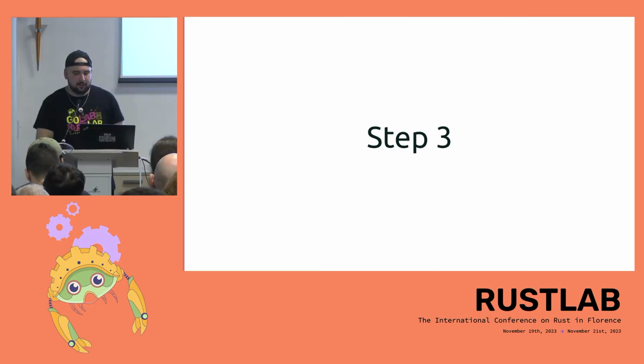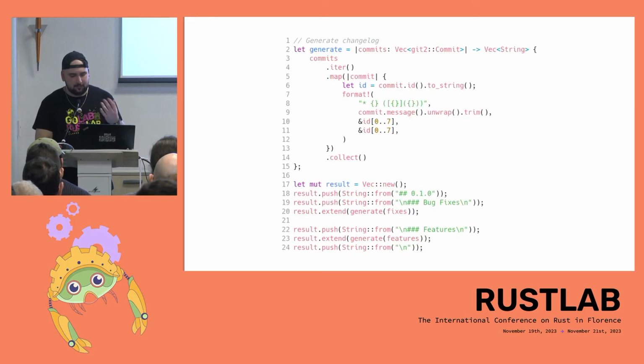So step 3 is actually generating the changelog. To do this, I created this inline function closure, and it takes the vector of commits that we created in the last step and turns them into a vector of strings and formats them according to the markdown format. And after line 17, we basically push some markdown headers, and then we call this function to generate a section for fixes, and then at the end we do the same for features, and that's pretty much it.